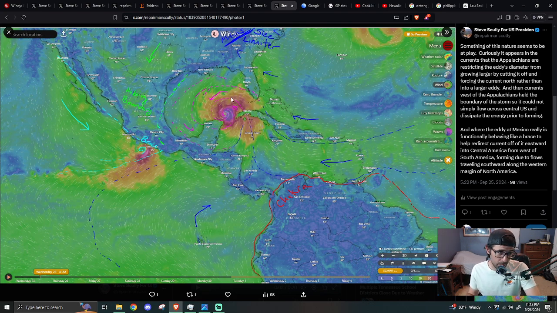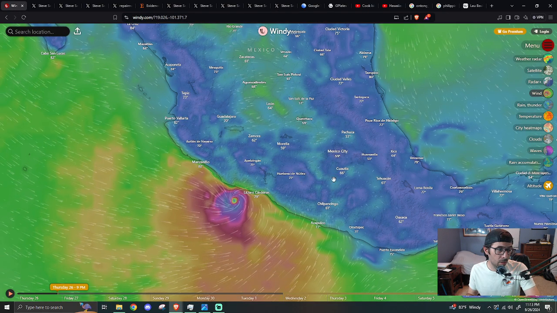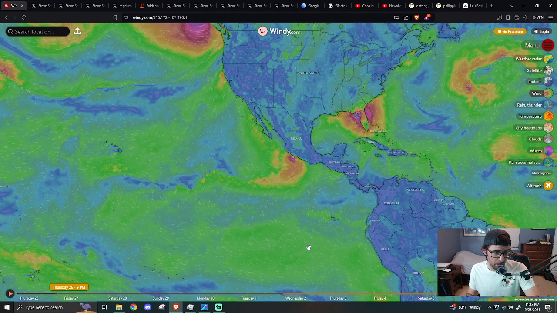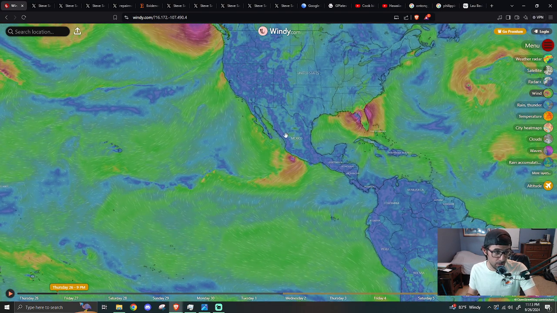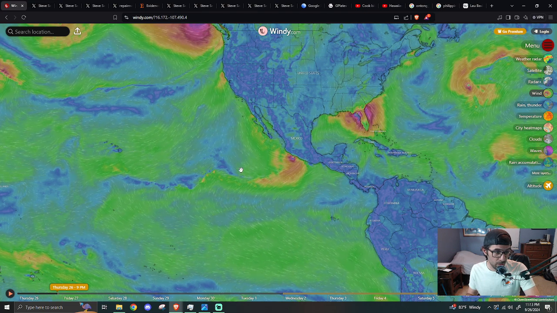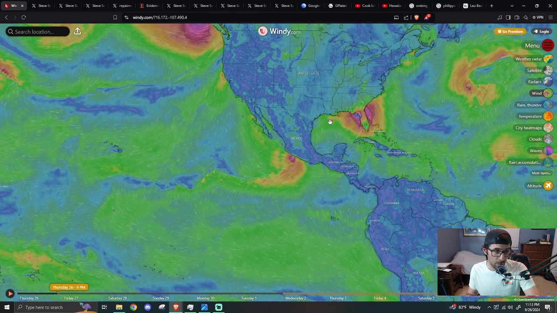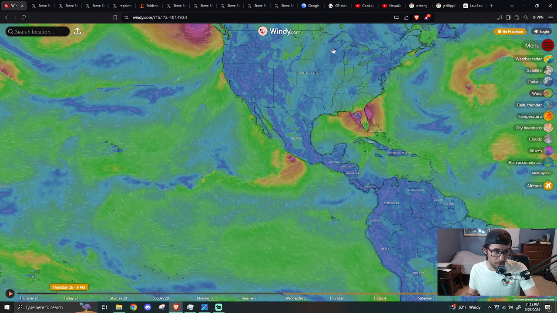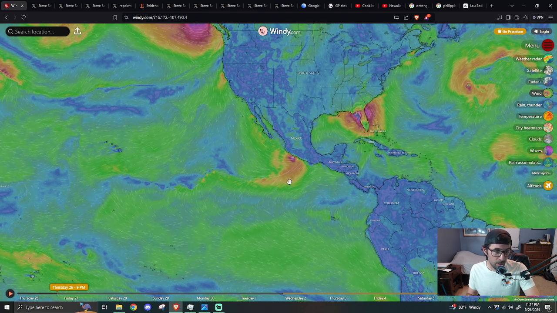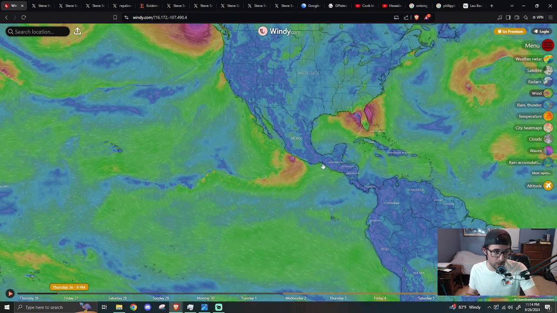Interesting. I wonder if as this storm goes this way, this will start to move up to here and then maybe go through there. Like this starts to push a little further north, cuts in a little further north as this holds, pushing upward to give more room for currents to flow into that area.